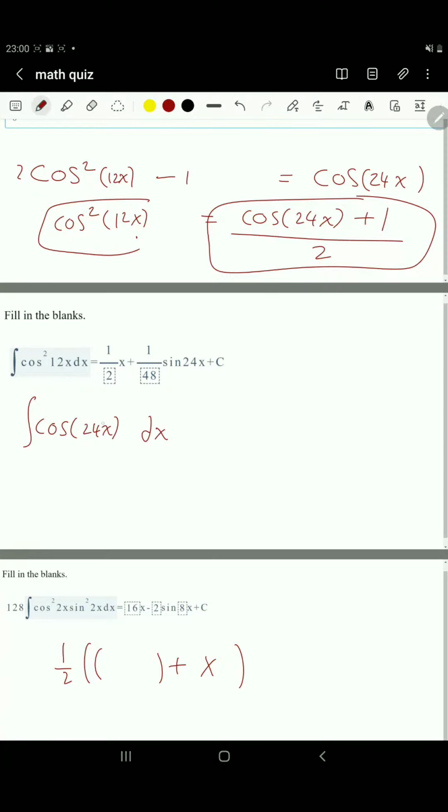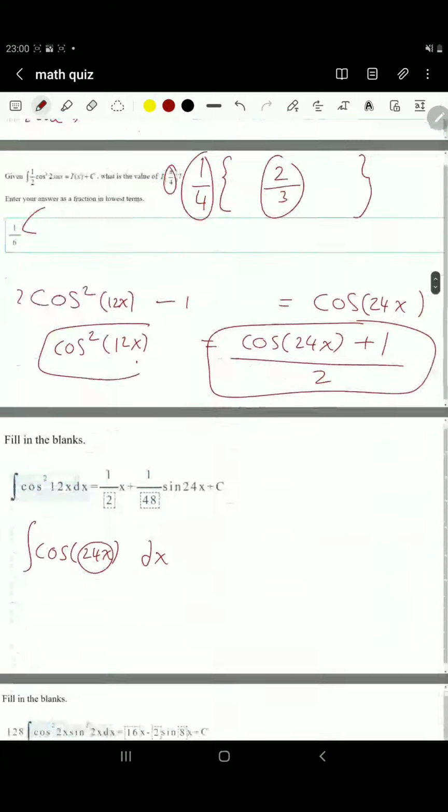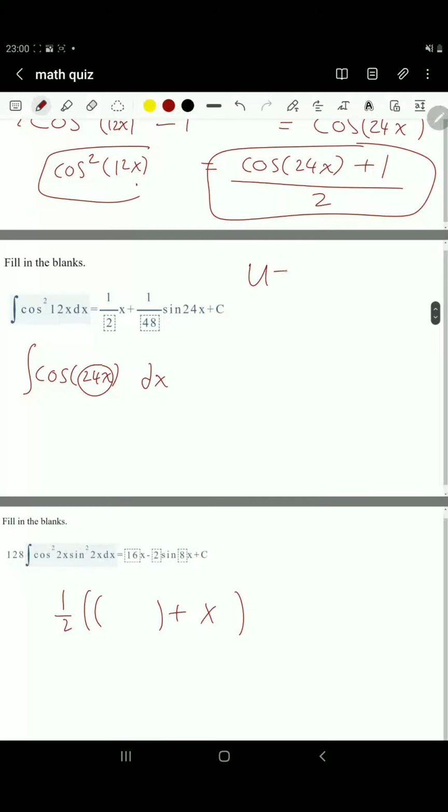How do we do that? We're going to do a substitution. U is equal to 24x. So du is going to be 24 dx. Divide by 24 on both sides. So dx is just du over 24. And 24x is just u. That's a constant. You can pull it out.